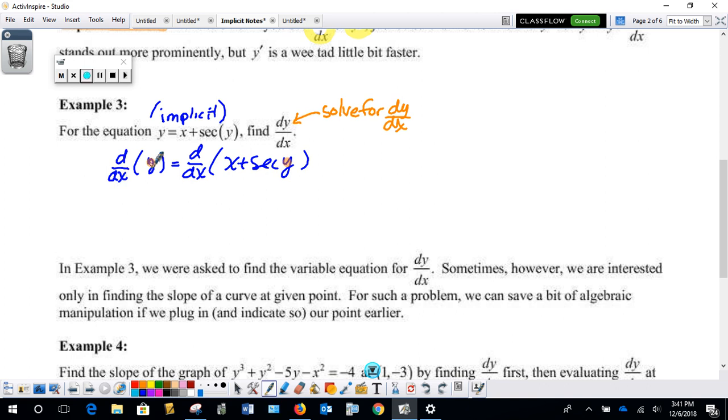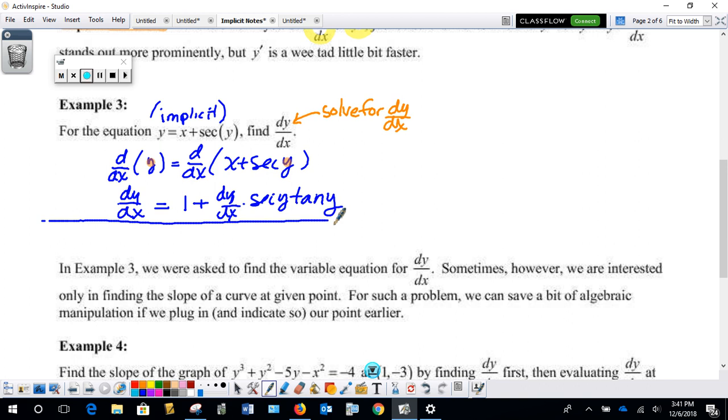The derivative of y is going to be dy dx equals, the derivative of x is going to be 1 plus, now I have to do the derivative of the secant, but it's got a y in it, so I go chain rule, derivative of the inside is dy dx times the derivative of secant, which is secant y tangent y. So at that point, that is the method of taking the derivative implicitly.